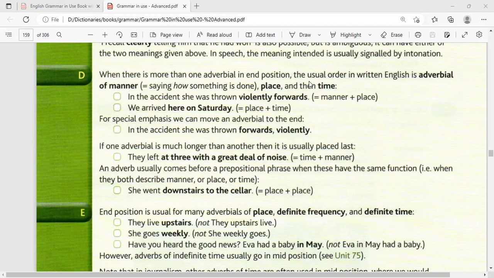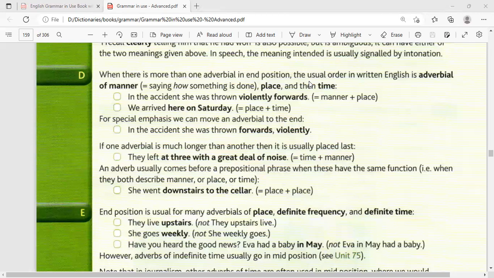First, you're going to understand adverbial of manner. Do you know what an adverbial of manner is? Yes. It describes the way you act. Yeah, so when you describe how something is done. And then adverbial of place.